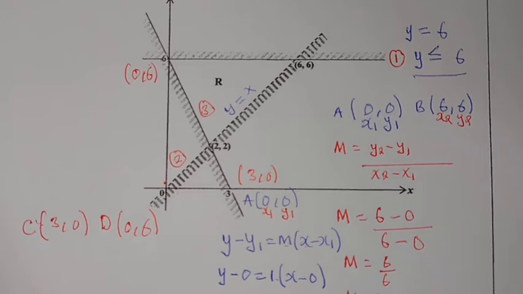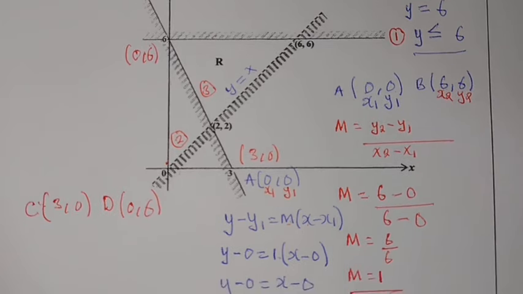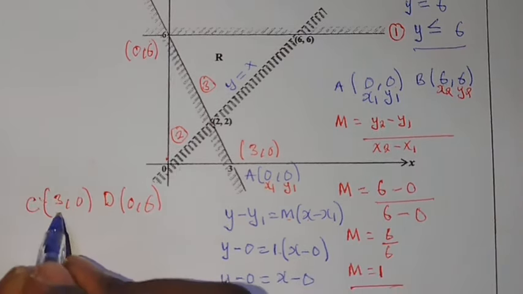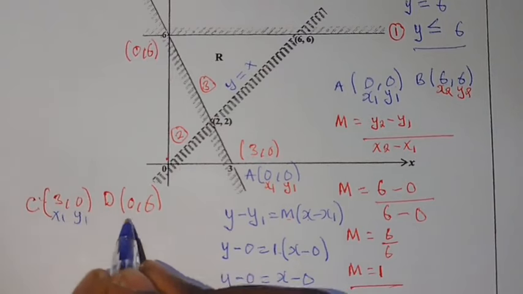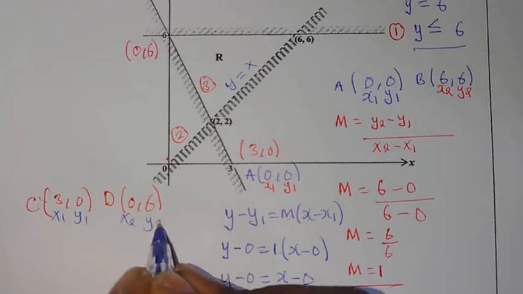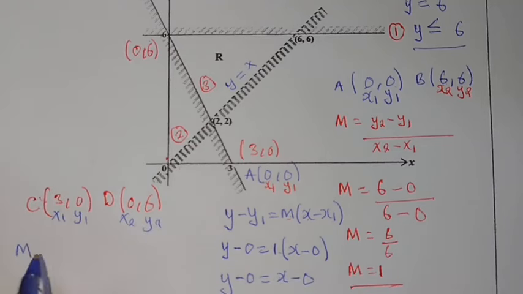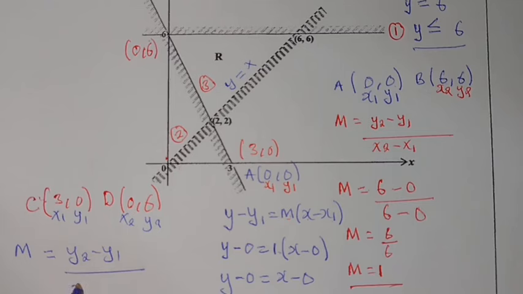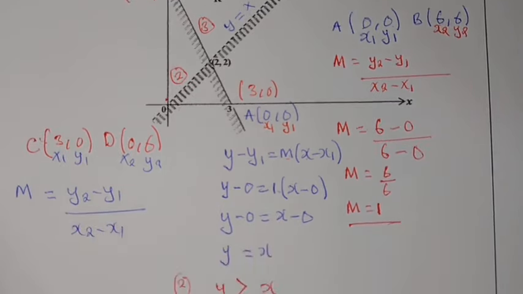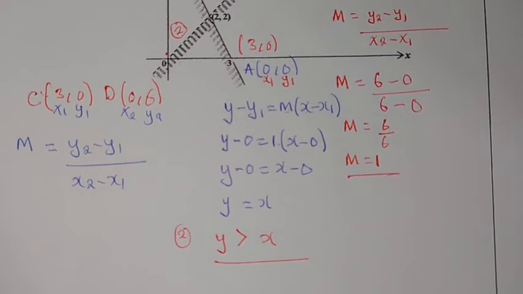So from here, I'll need to name these coordinates. This is x1, y1, x2, y2. So the formula for gradient is y2 minus y1 over x2 minus x1.